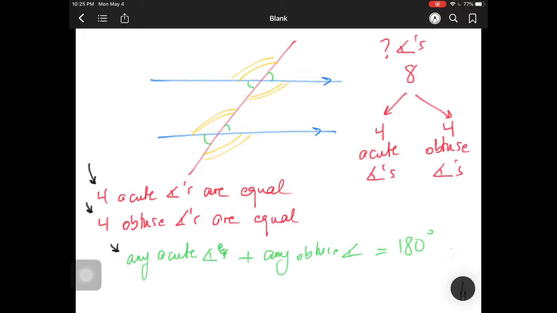You choose any acute with any obtuse angle from this figure, and the sum of these two would be 180 degrees. And remember, we call this supplementary.